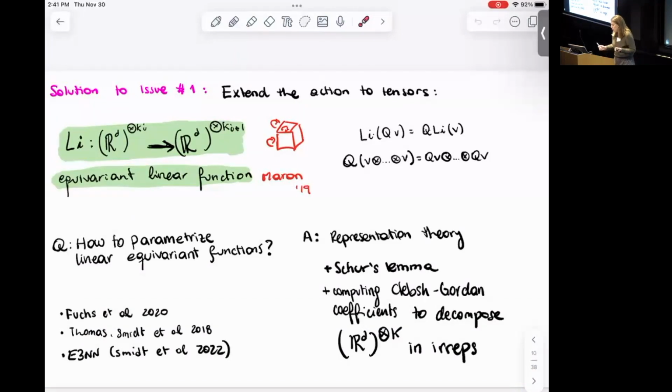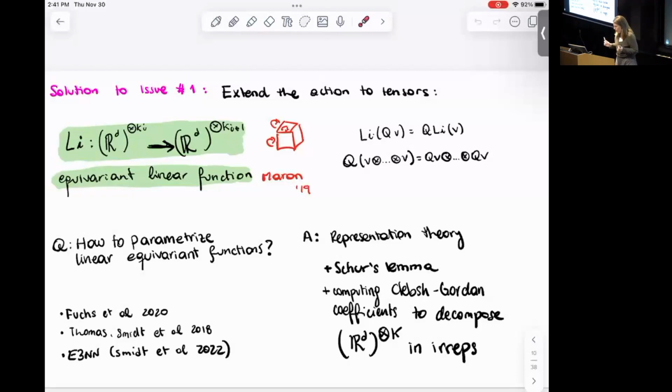But then the question is, how do you parameterize this more expressive class of functions? And they use representation theory, specifically Schur's lemma. The idea is that they take this space and decompose it into irreducible representations by computing the Clebsch-Gordan coefficients, and then they use Schur's lemma to understand which ones are the equivariant functions.